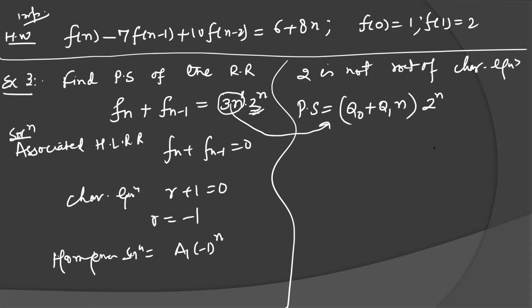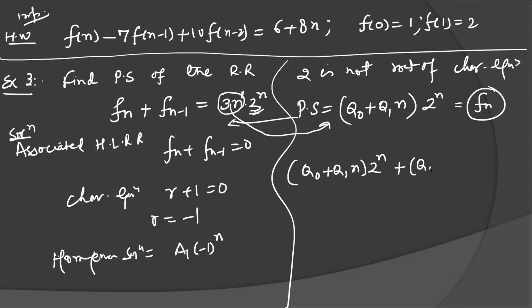Now if this is a particular solution, it must satisfy this equation. It will play the role of fn here. So fn is q naught plus q1 n, 2 to the power n, plus fn minus 1 will be q naught plus q1 into n minus 1, 2 to the power n minus 1, equal to 3n into 2 to the power n.